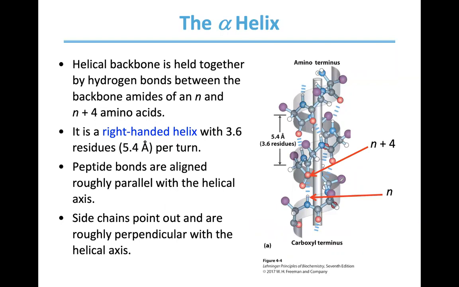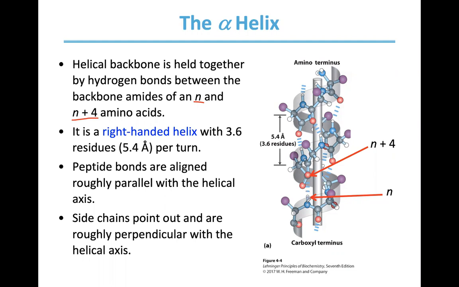All right, so let's start with the alpha helix. Here the helical backbone is held together by hydrogen bonds between the backbone amides of the N and N+4 amino acids. So let's look at that. If this is the NH, the amide NH of the peptide bond, right here, the white little sphere is hydrogen.